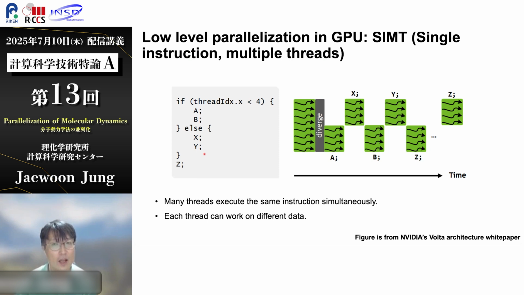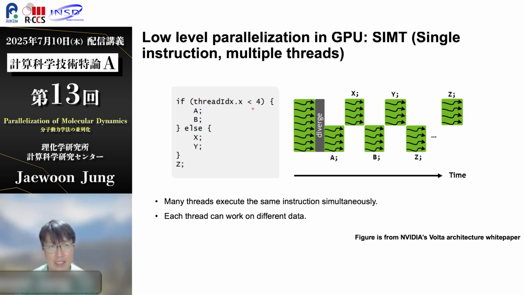Then how will GPU execute this one? According to each thread, threads whose index is less than 4 first perform A. And next, the other threads perform X. And next, the threads with indices less than 4 perform B and Y, and so on.